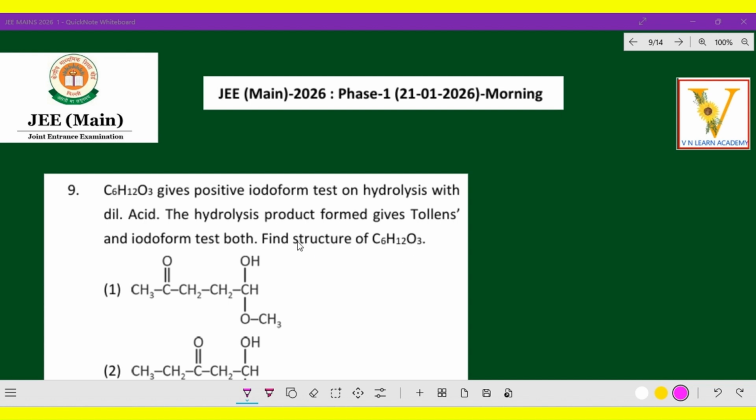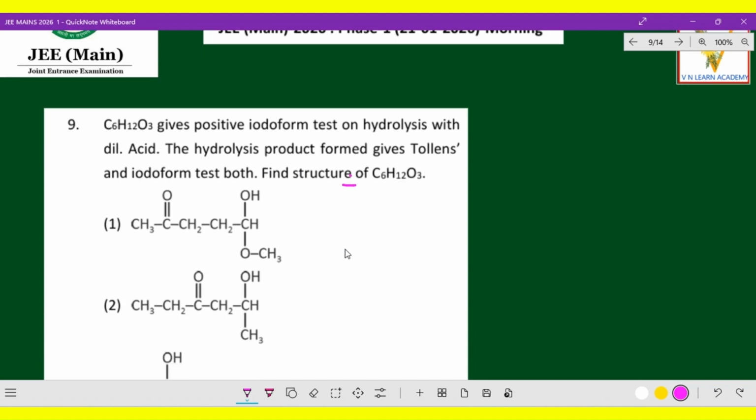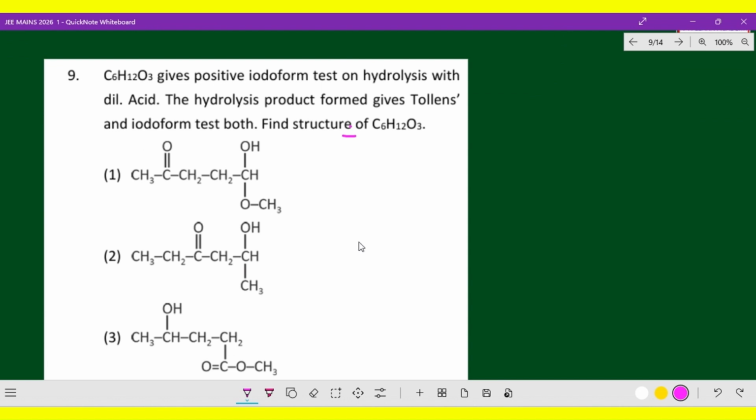Right, now here, iodoform test. This is basically memory based questions only. In our starting classes, we have gone through so many questions. In the practice questions, I mentioned everything very clearly. Methyl keto group present in the terminal or starting of that.